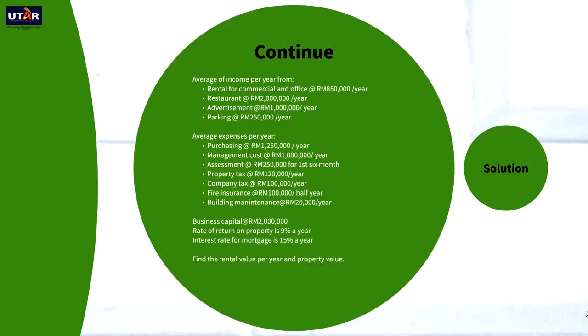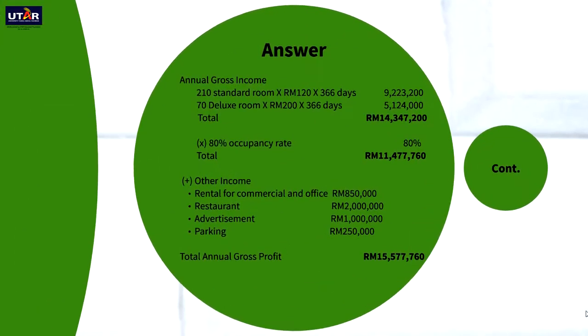First, to get the annual gross income, find the total income received from the main income, which is rooms. 210 standard rooms times 120 ringgit per night per room times 366 days, you will get 9,223,200.